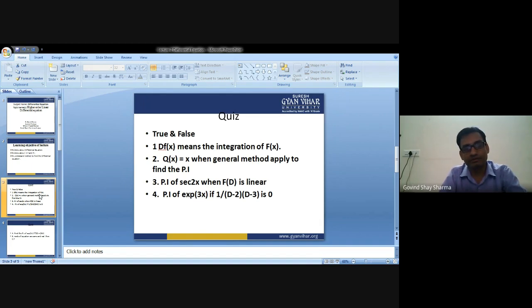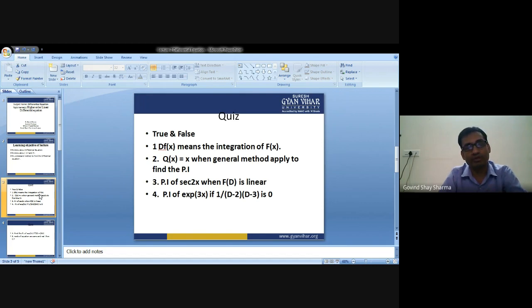Next: f(D) y = x. When the general method is applied to find PI, Q(x) is equal to x, then which method do we apply? This is the special case of x to the power n. So we can easily apply the special case method and take 1 upon f(D) above.